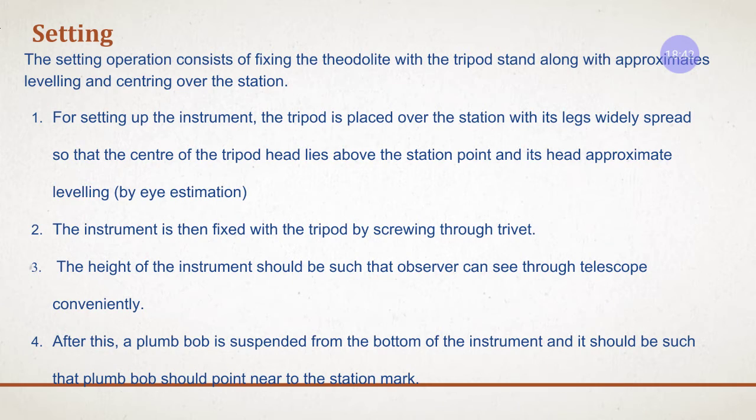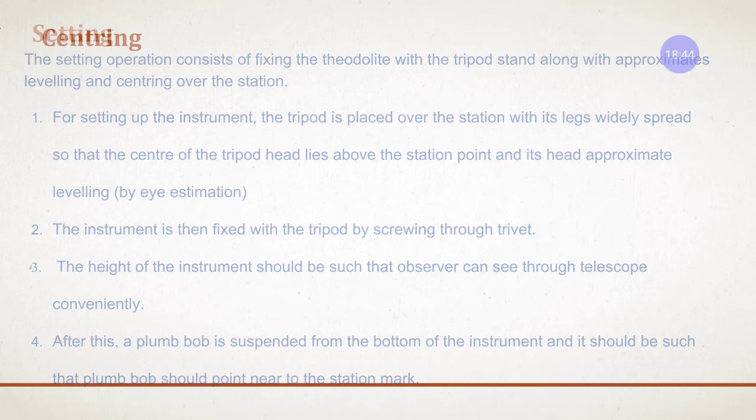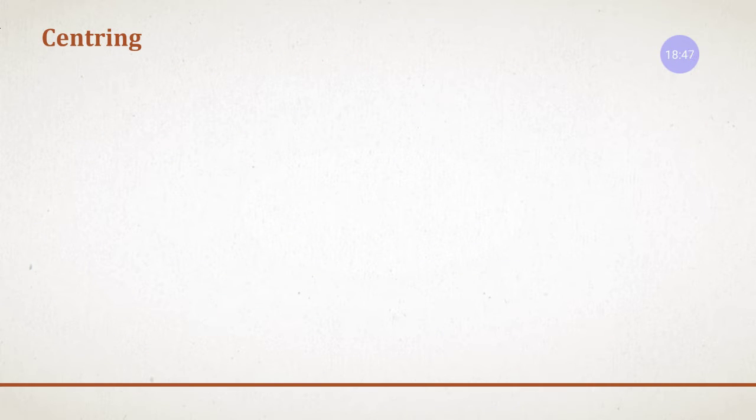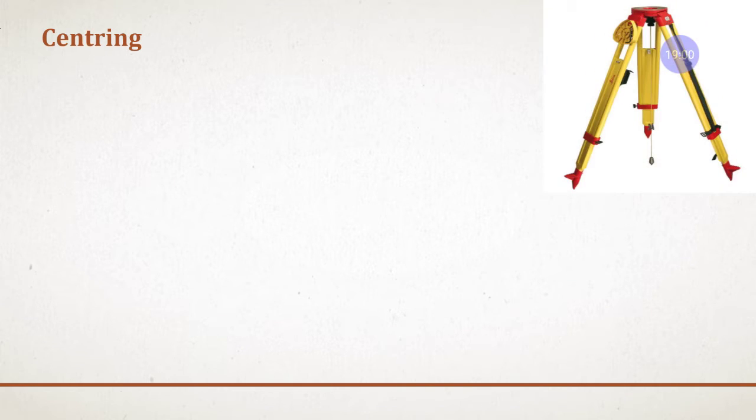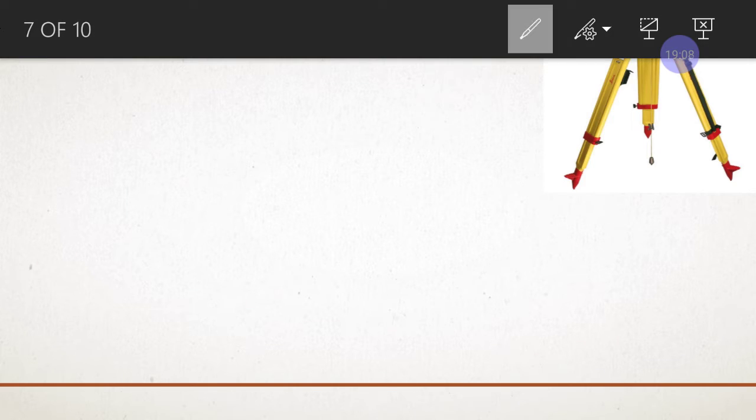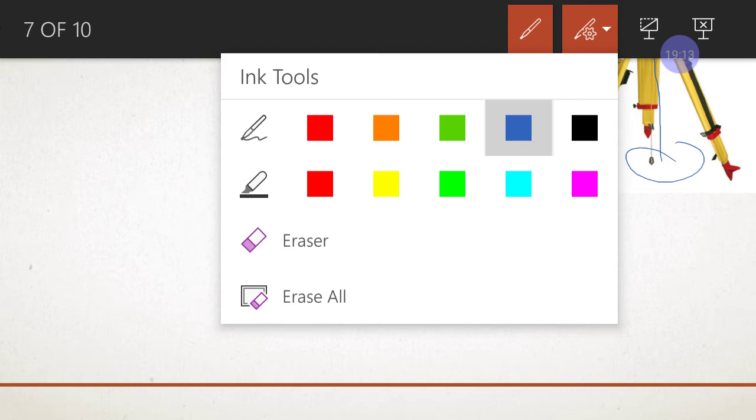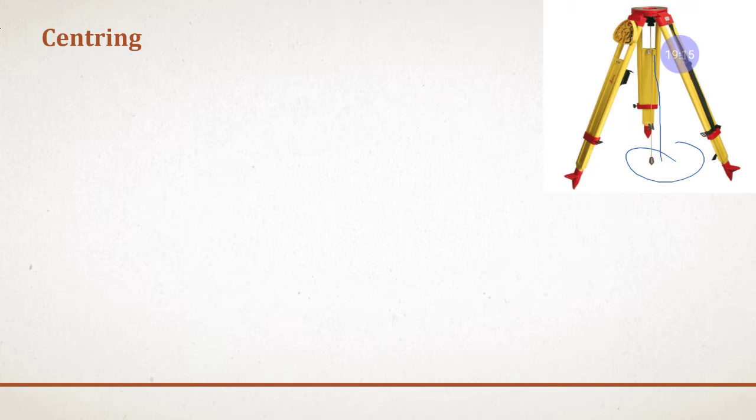So this fourth point will be understood in the next adjustment, that is centering. The operation involved in placing the vertical axis of the instrument exactly over the station mark is known as centering. So this is your tripod, right? Three-legged tripod. Can you see this? This thread here is attached to the center of the tripod.